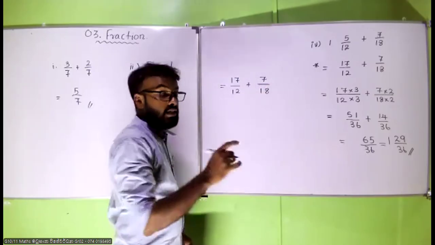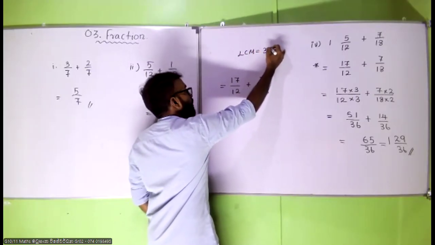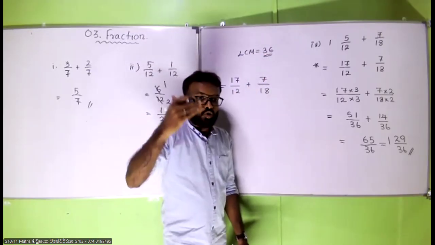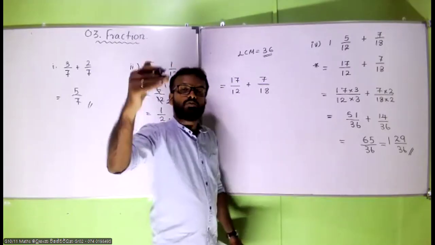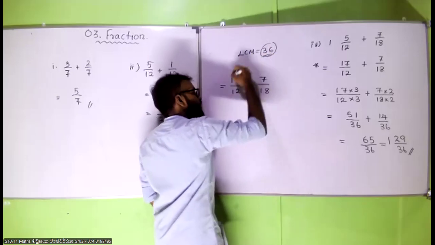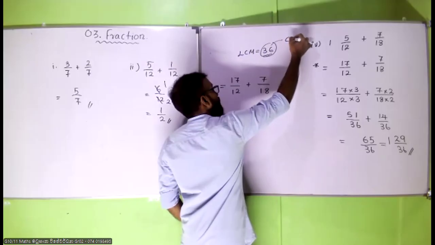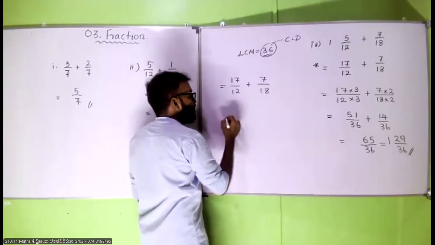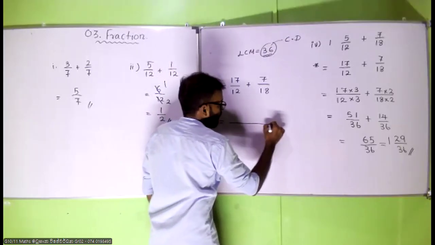So earlier we found our LCM is 36. Least common multiple is 36. So this LCM becomes our common denominator, right? When it is under fractions, this LCM becomes our common denominator. So if it is acting as our common denominator, I can use this way.